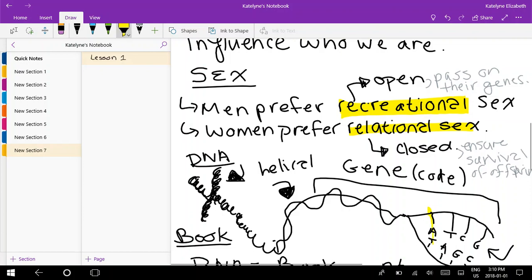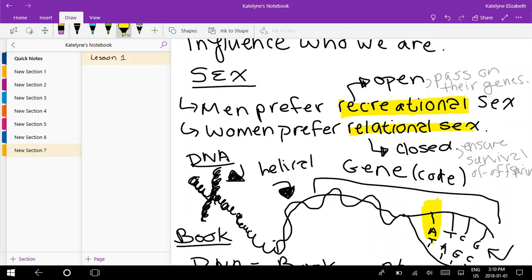So this is one nucleotide. We're just not saying that there's a phosphate and a sugar in this diagram. We're just showing the base. So that is a nucleotide. Remember, A pairs with T, T pairs with A, C pairs with G. They're complementary to each other. So the one strand has the opposite nucleotide, okay?